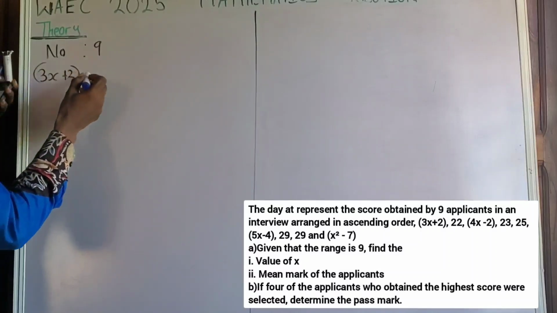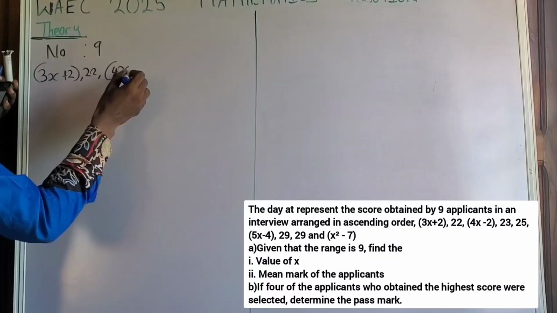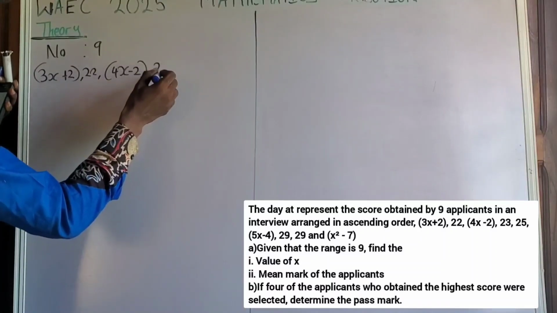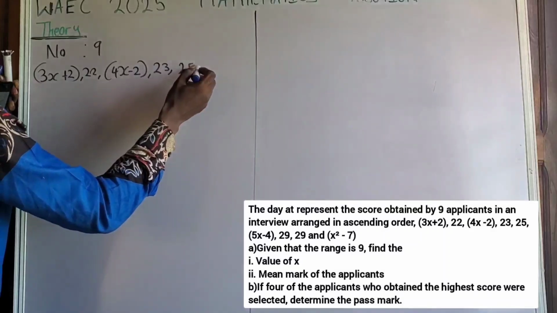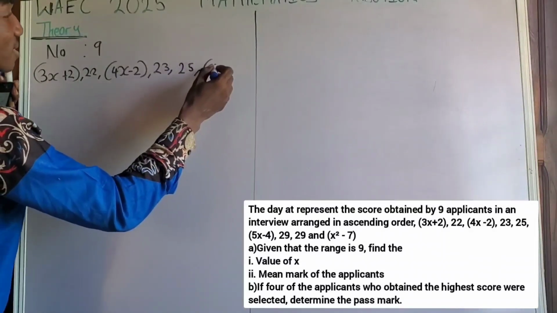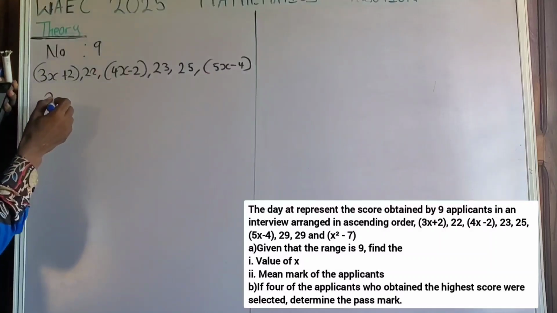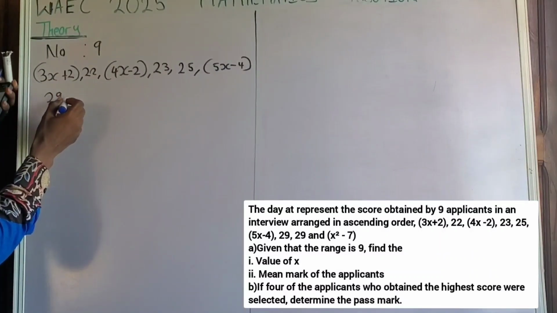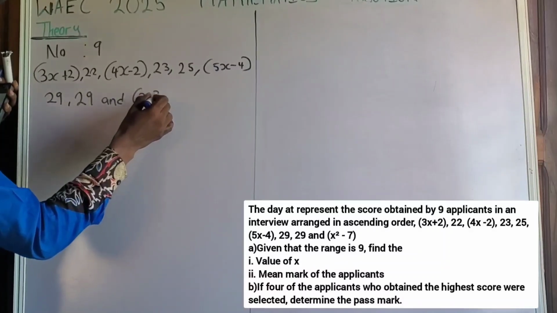And followed by 22, followed by 4x minus 2, followed by 23, followed by 25, followed by 5x minus 4, followed by 29. Okay, then after 29 we have another 29 and x squared minus 7.